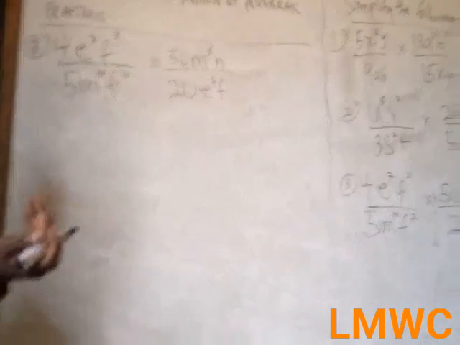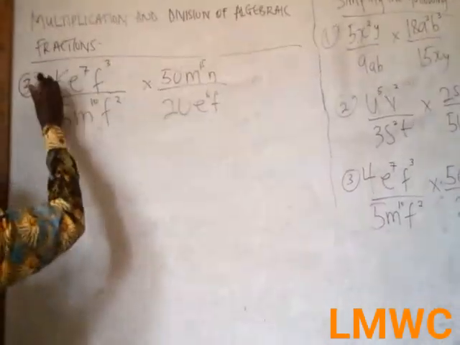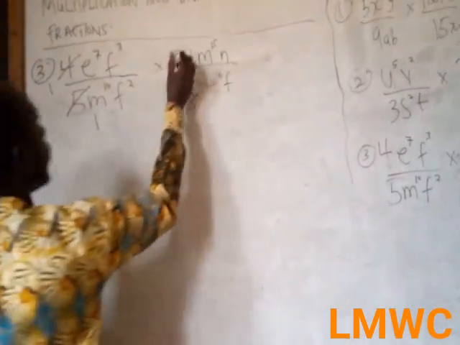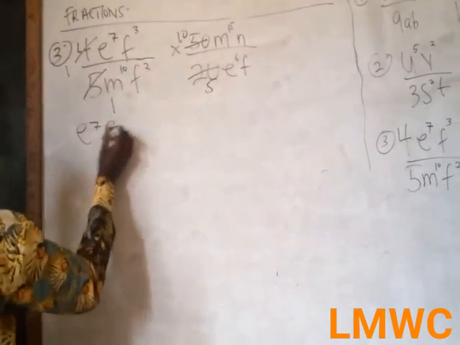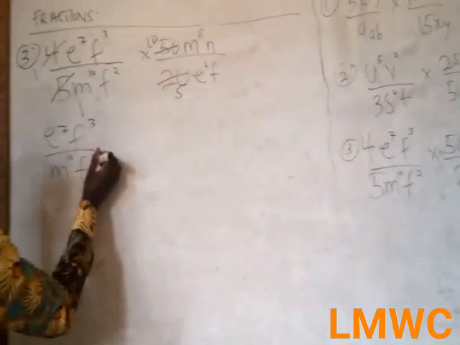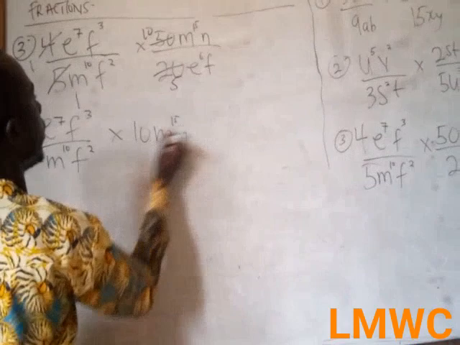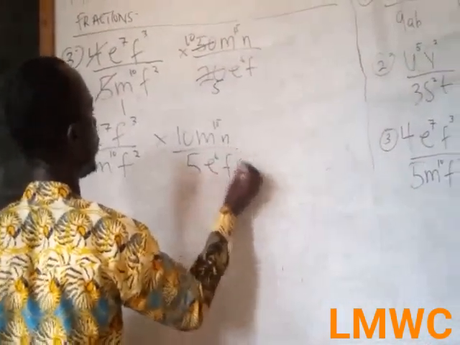You ask yourself, can you get a common factor that can cancel out? 4 goes here 1, 4 goes here 5. 5 goes here 1, 5 goes here 10. So you have e^7 f^3 over m^10 f^2 times 10 m^15 n over 5 g^6 f.